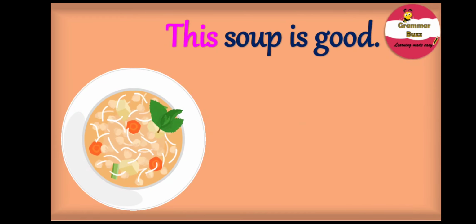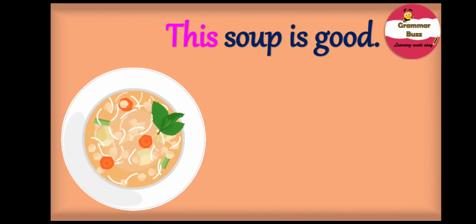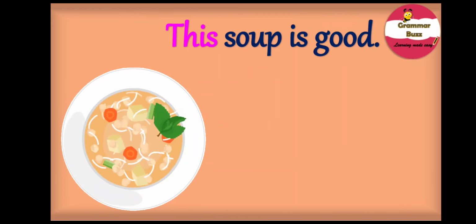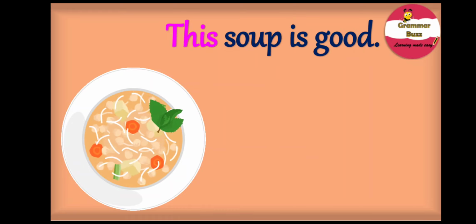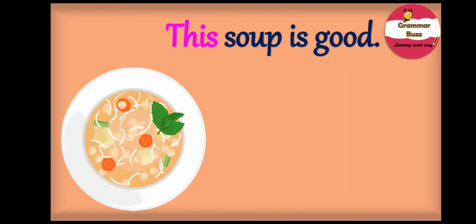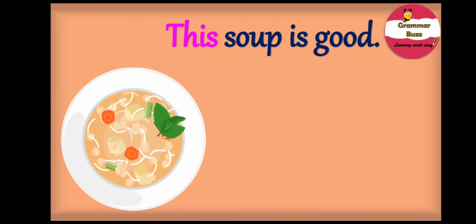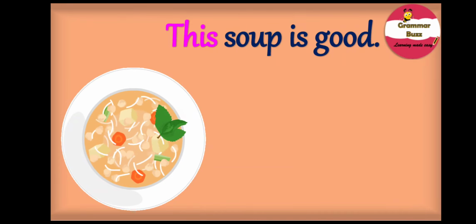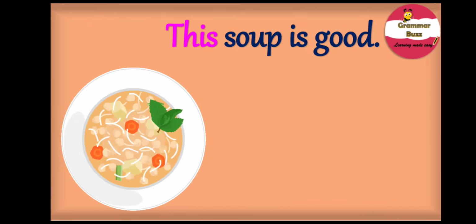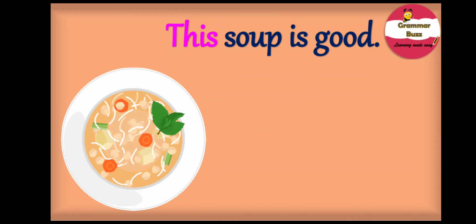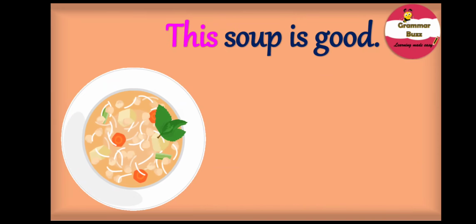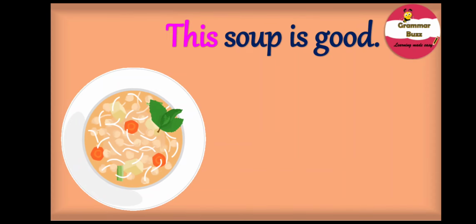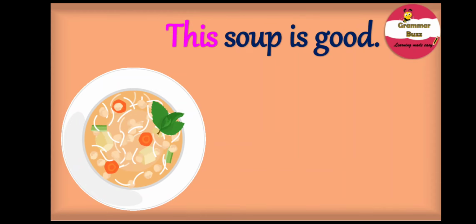Alright, let me give you an example, and it's the picture of a bowl of soup. It sure looks so delicious. I feel like gobbling it up right now. Okay, let's come back. What does the sentence say? It says, "This soup is good." Yes, it surely looks good. But in this sentence, the adjective this points out the noun soup. Take note, it is placed before the noun soup.